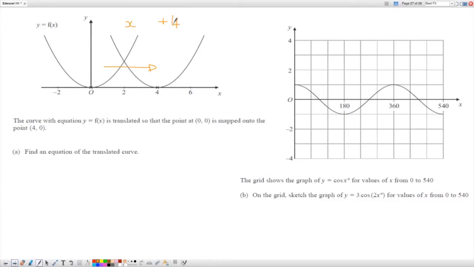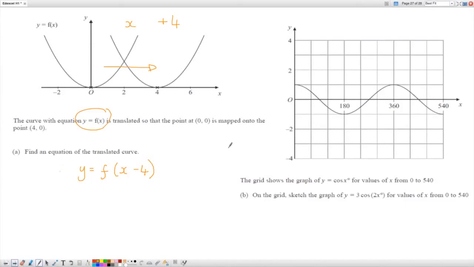So this means that the function has changed inside the bracket, and it's the opposite. If it's shifted in this direction, a horizontal shift along the x-axis of plus 4, this is represented inside the bracket, alongside the x, by a negative 4. So this here is the equation of the translated curve.